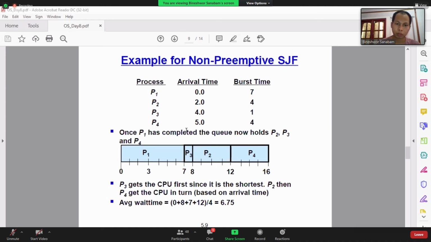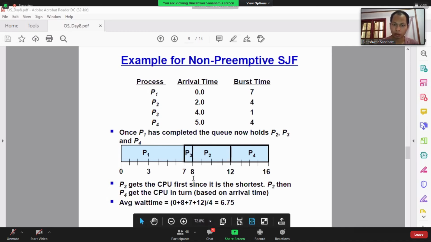When we have two jobs with the same burst time, like P2 and P4, we follow first come first serve. P2 arrives first, so the CPU should be given to P2 first.